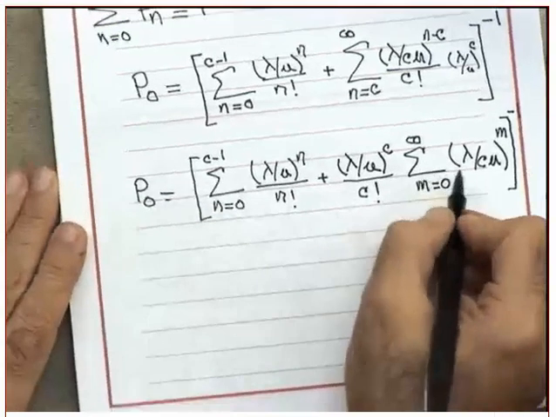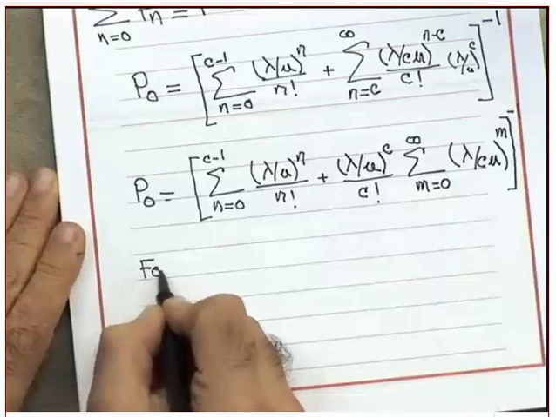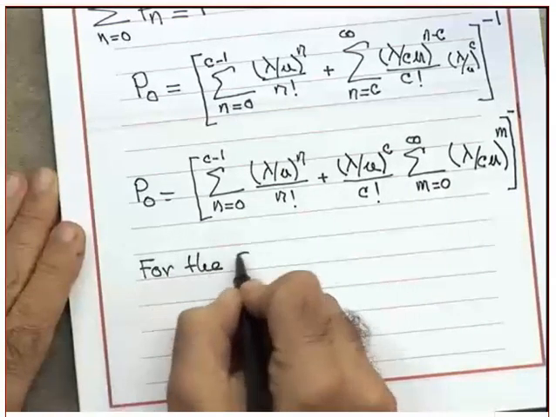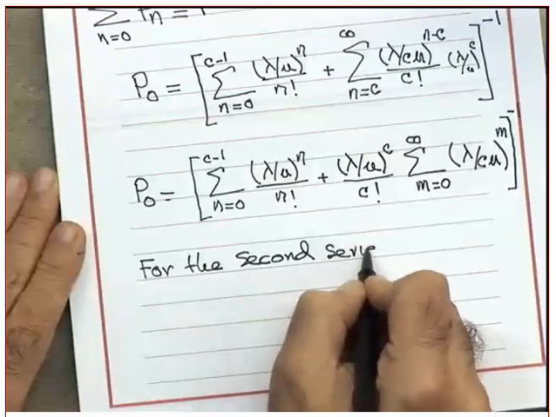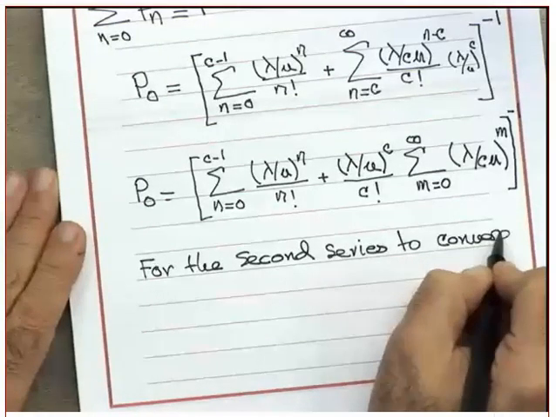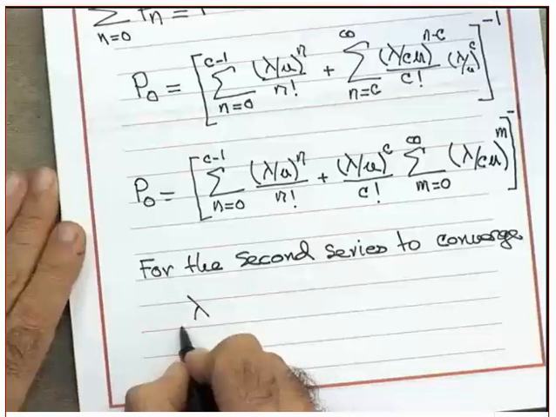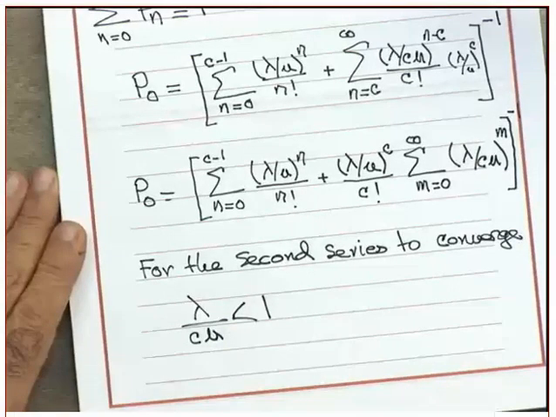Okay. So for the second series to converge, lambda over C mu has to be less than 1. Clear?